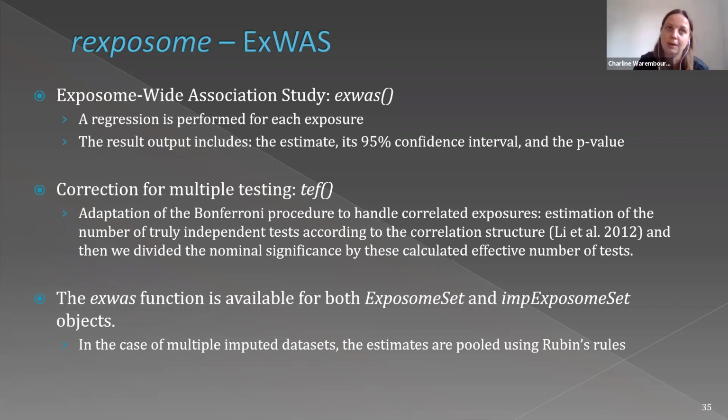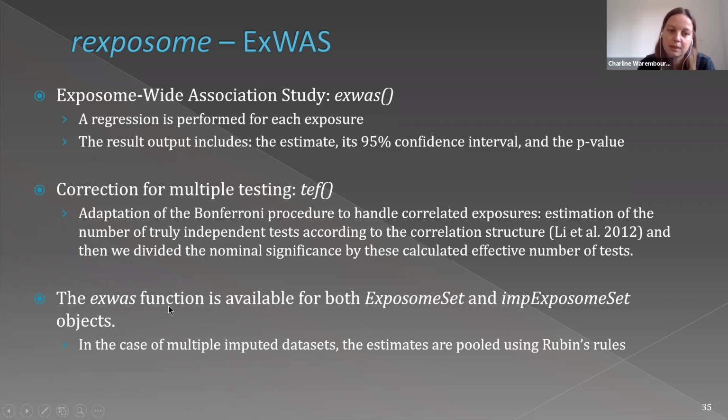So for example, we will move from 100 to 75 tests. So we will divide 0.05 by 75, and we will have a new threshold to interpret the results. But this is something which is included in the rexposome package. You don't have to calculate it on your own.